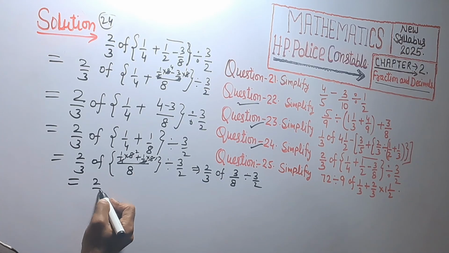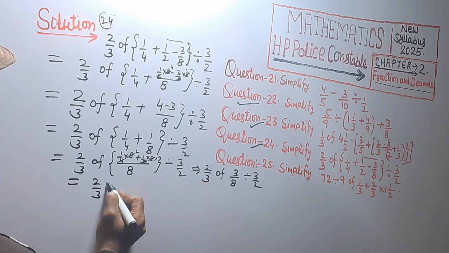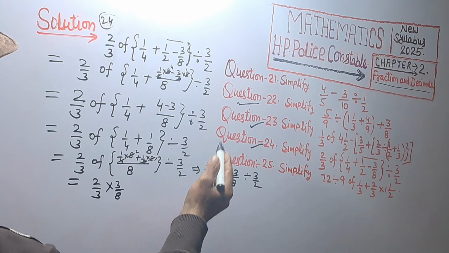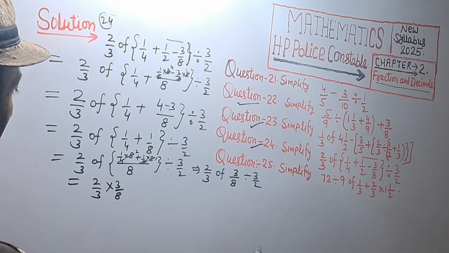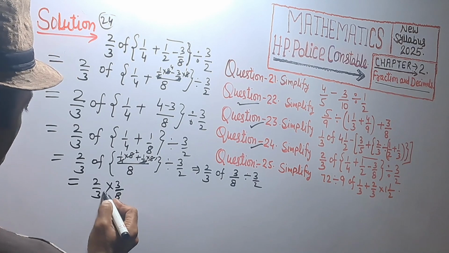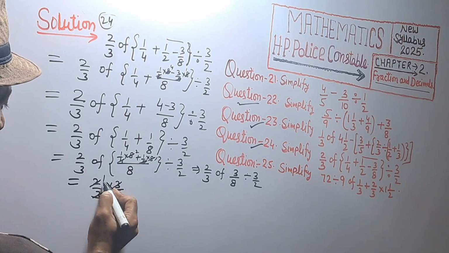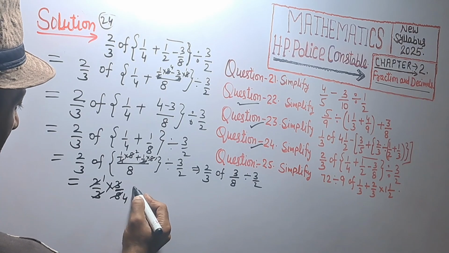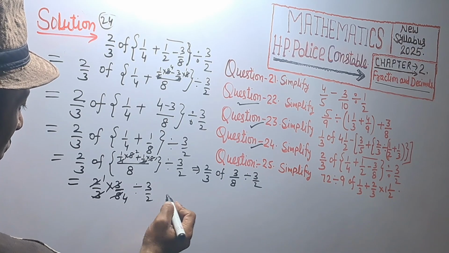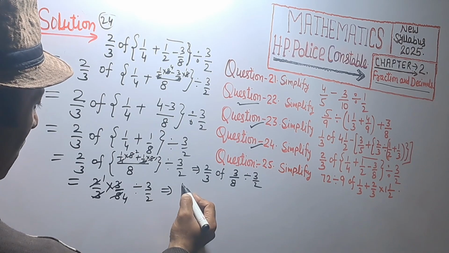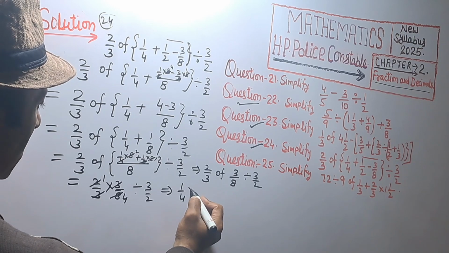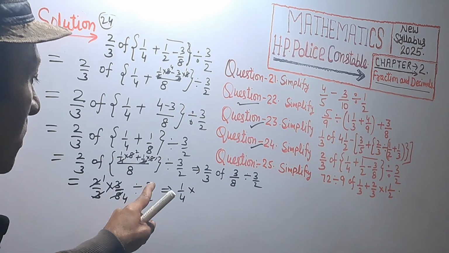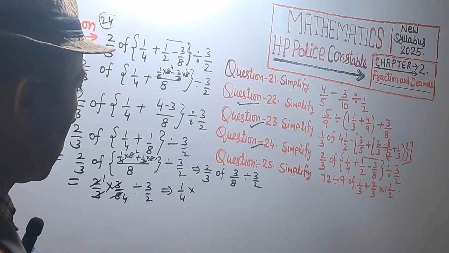Next step is 2 upon 3 into 3 upon 8. Of means multiply, and this is cancelled. 2 1s are 2, 2 4s are 8 divided by 3 upon 2, which implies 1 upon 4 into divide change in multiply, reciprocal of 3 upon 2 will be 2 upon 3.